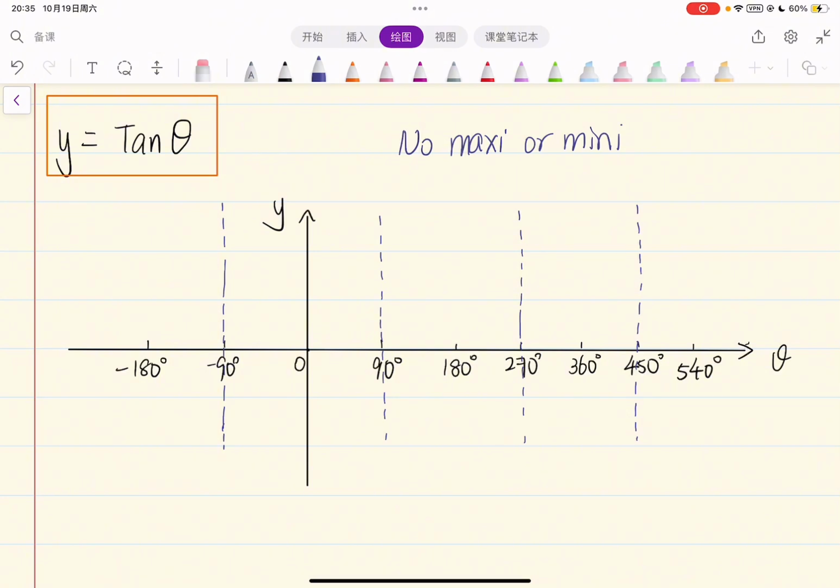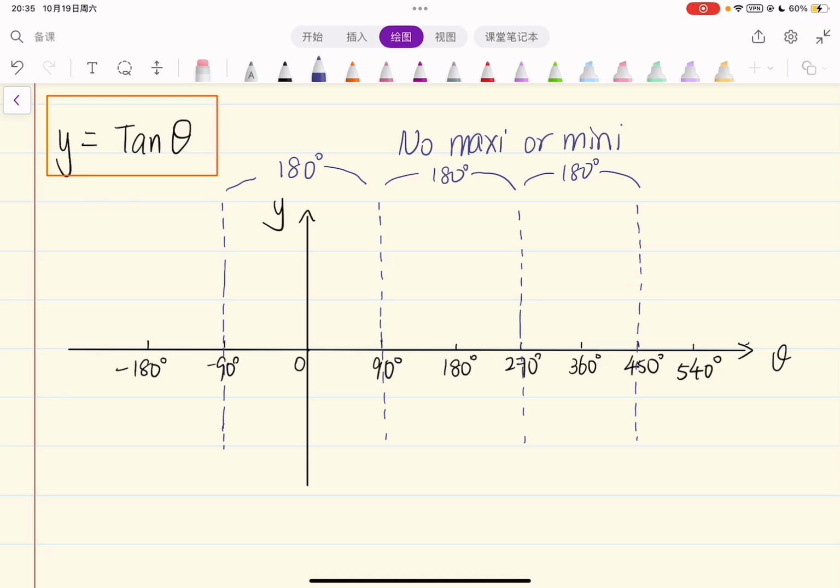You can see that the interval between two asymptotes is 180 degrees. Which means if you want to draw the graph of tangent, you just need to know one asymptote and then you can draw the other asymptotes.